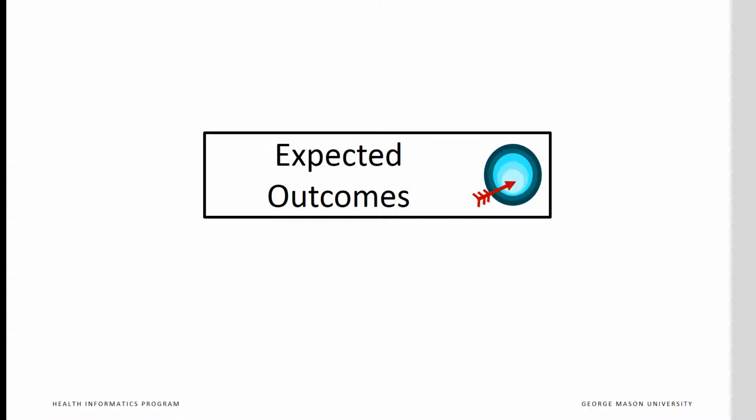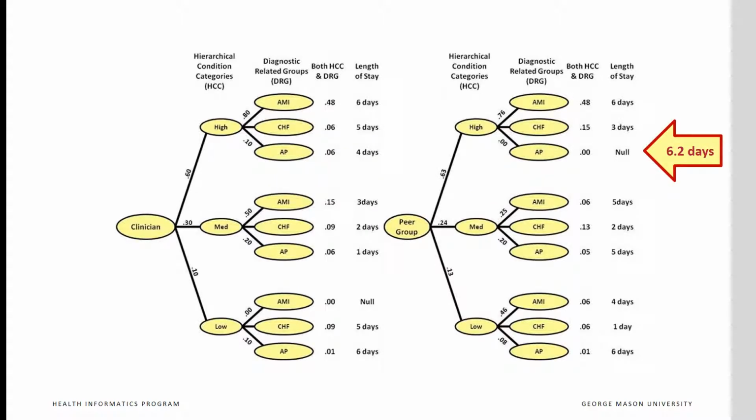Now that the synthetic case calculations allow us to match every patient type seen by the clinician with at least one patient type seen by the peer group, we can switch the distributions and calculate the expected outcomes. The synthetic estimation process allows us to anticipate 6.2 days for peer group taking care of angina pectoris with high HCC levels. We can now switch the probabilities and calculate the expected outcome.